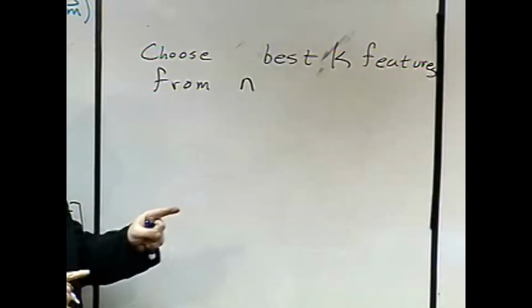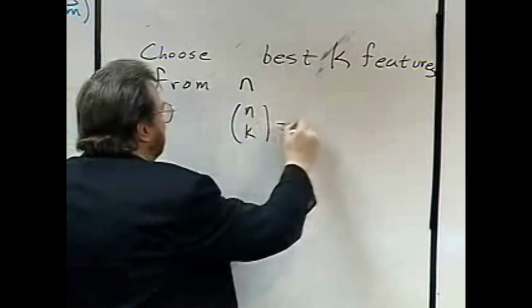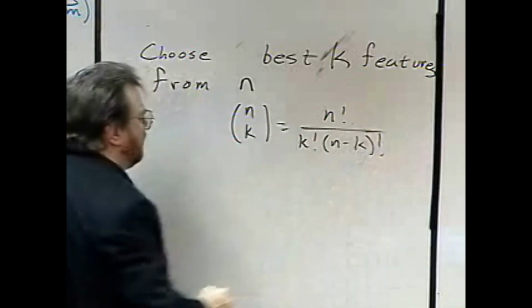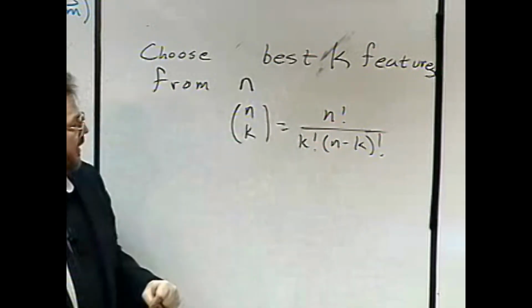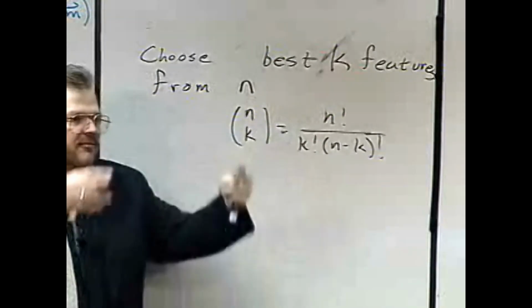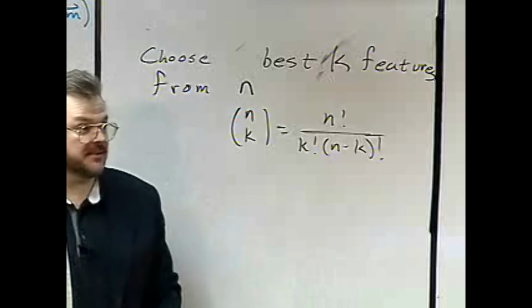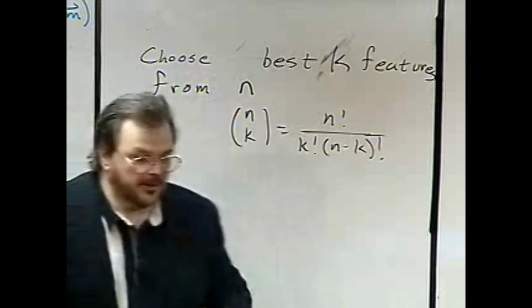How many different combinations of K features do you have in N? Remember what it is? N choose K? So if you were to go through your set of features and you wanted to choose the best 5 features from 100, you'd have to try 100 choose 5 different tests and give the result that gave you the best result. That's a lot of tests. That's very difficult to do. So the combinatorics kill you in searching for the best features.